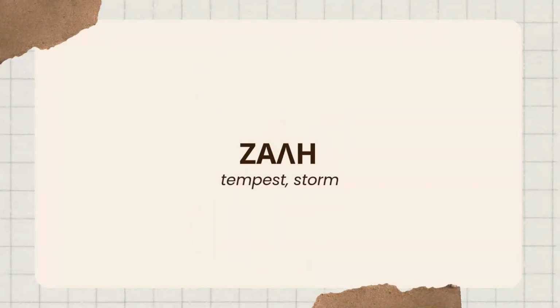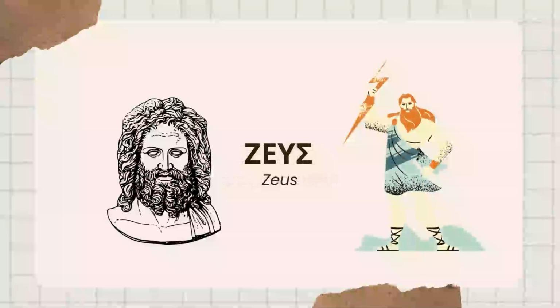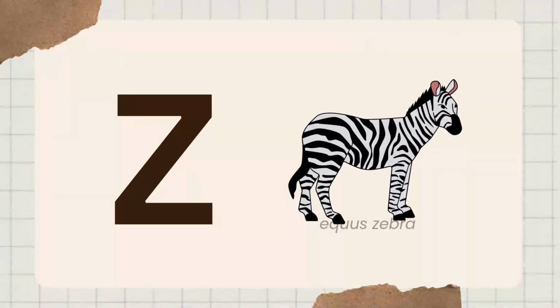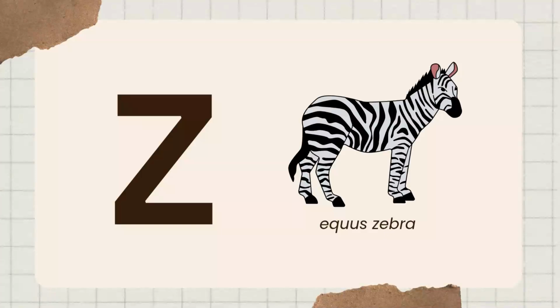It's also worth remembering that Zeus, the supreme god in Greek mythology, ruled over lightnings and storms, further reinforcing the association between the letter Z and these powerful and destructive natural phenomena. To Zeus's lightning bolts, the Romans may have preferred the stripes of the zebra, Equus zebra, but the letter Z had even more limited use in Latin than in Greek.